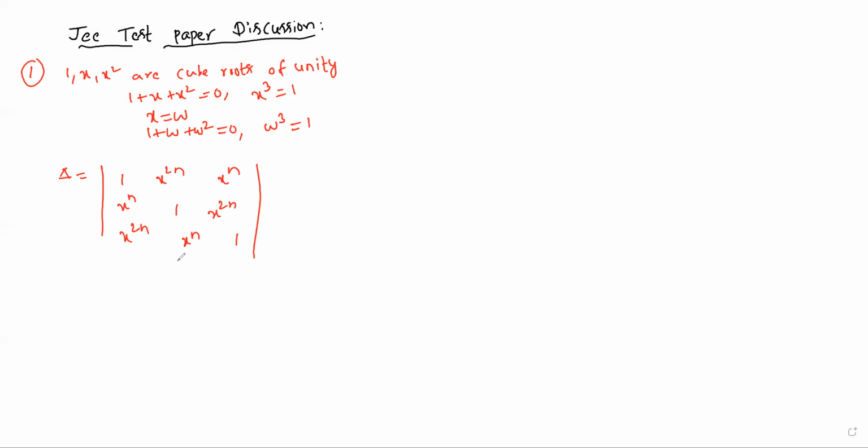Now here, when cube roots of unity are there, we know the sum of the roots is clearly equal to 0, and the product of the roots we can take as 1. Now if you add all these terms, by adding rows and columns, we can see the value easily.